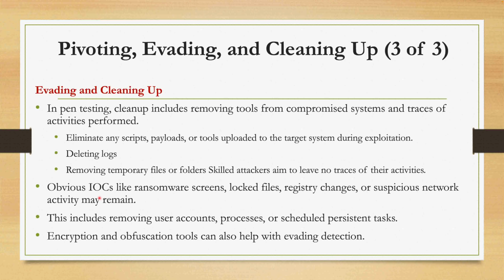Now, there will always be some obvious IOC, indicators of compromise. However, skilled attackers will always aim to leave no traces of their activities. This includes even removing, for example, user accounts, processes, or scheduled persistent tasks. Full cleanup. But sometimes some of the IOC will remain, like ransomware screens, encrypted and locked files, registry changes, or suspicious network activity.